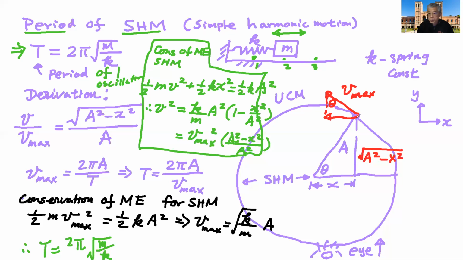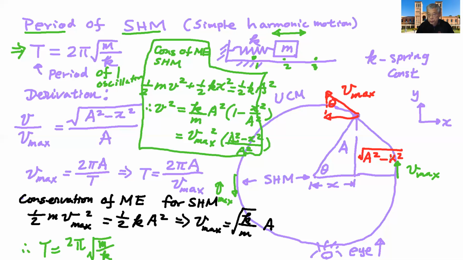That's what we're going to show you next. We're going to call the linear speed Vmax. So Vmax is here too, and Vmax is constant everywhere. Vmax will be going down this way, which is the UCM's Vmax.